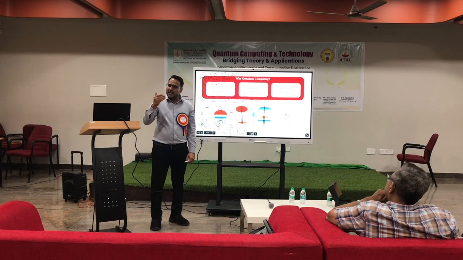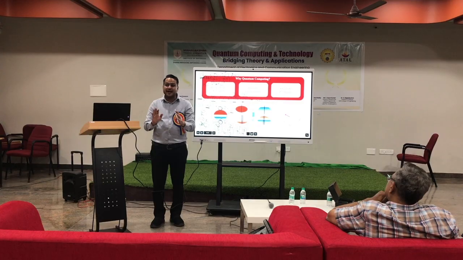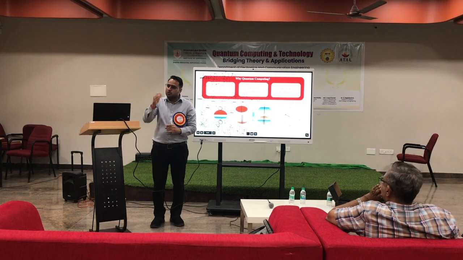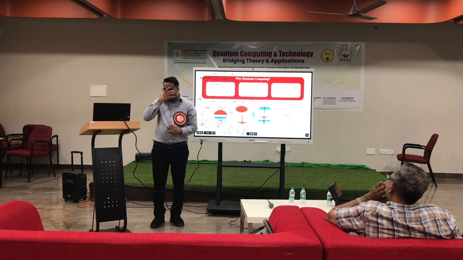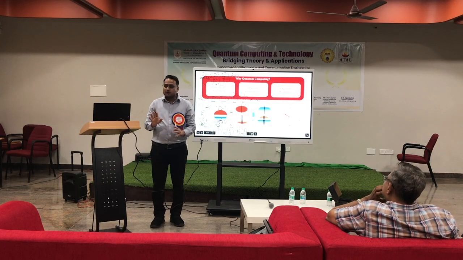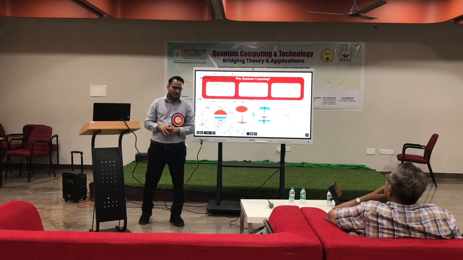So what will happen in the hybrid system? Initially, whatever problem you expect to solve through the computing machine, you come with your solution. That solution should initially run on the classical machine. The classical machine will check whether it is feasible to solve that problem with this solution in an efficient manner or not.